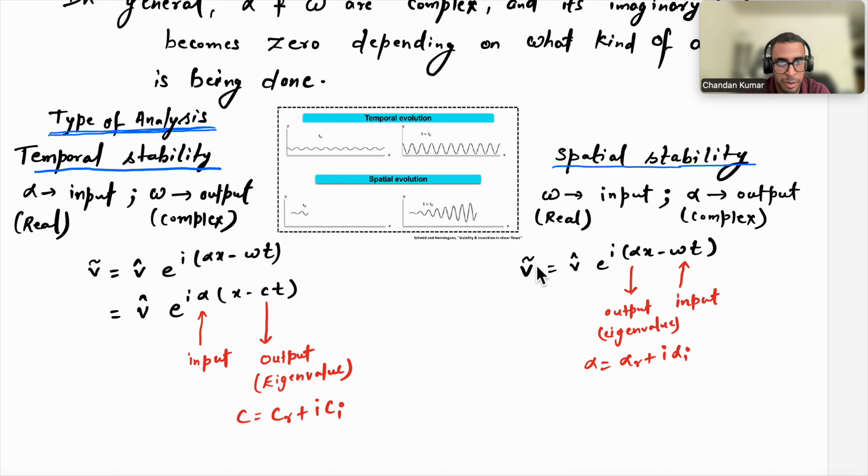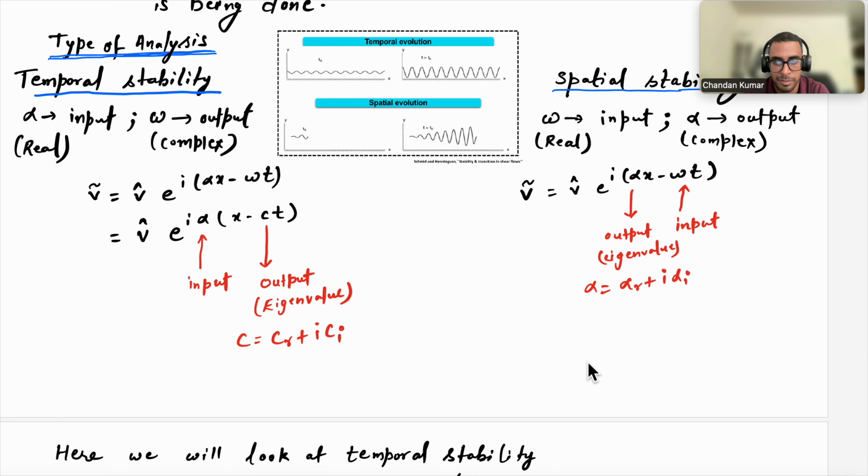We use the same formulation for the perturbation, but here we input the omega, the frequency, and we get alpha as the output eigenvalue. Here the real part and imaginary part specify different things: the real part specifies the wave number, while the imaginary part specifies the growth rate.